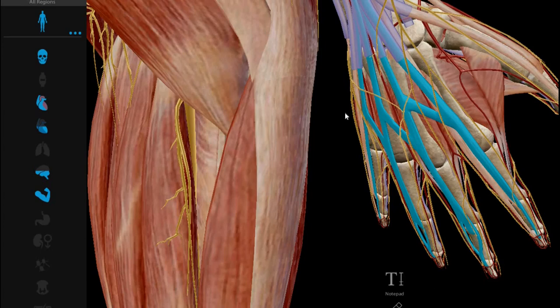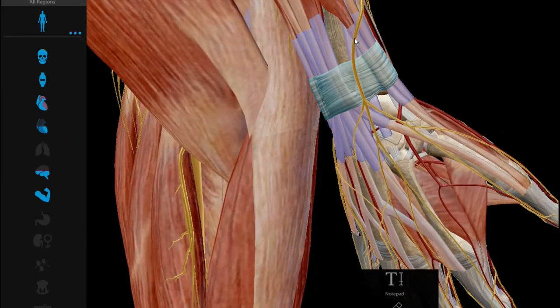It will supply the 3.5 digits of the lateral surface on the dorsal side. Okay, so guys, one more thing, it will be above the flexor retinaculum. This superficial branch is above the flexor retinaculum, and it will supply the sensory innervation to this area. So guys, I hope it's clear.